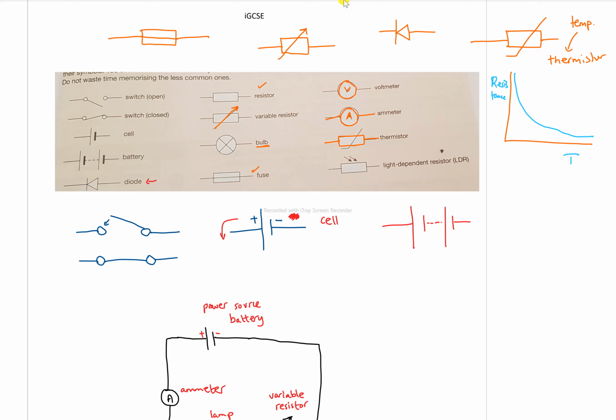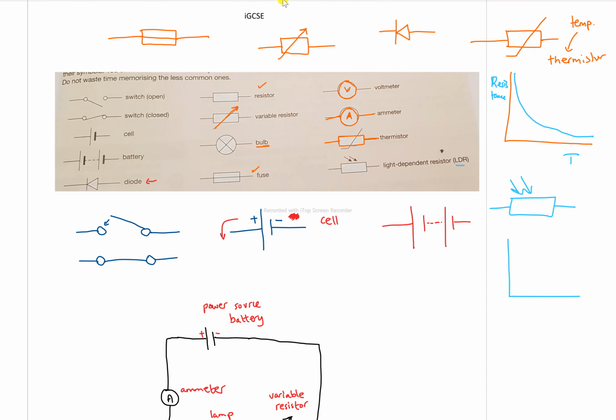You've got a light dependent resistor. So you've got your rectangular box and two rays of light, two arrows pointing in towards it. These are special types of resistor.